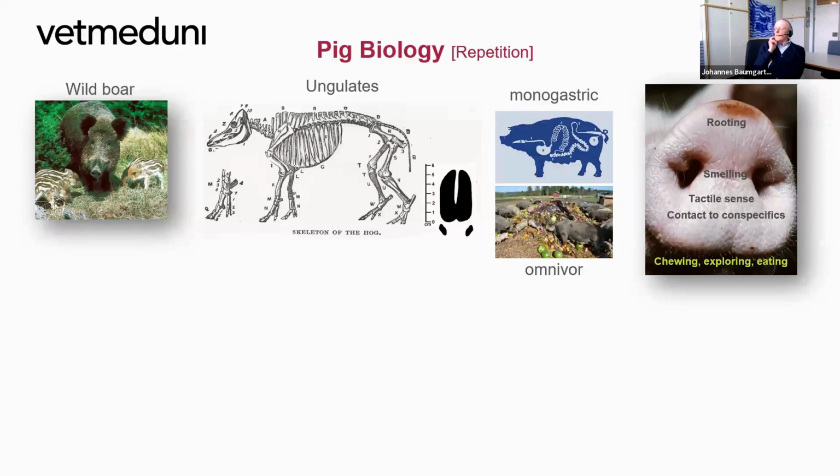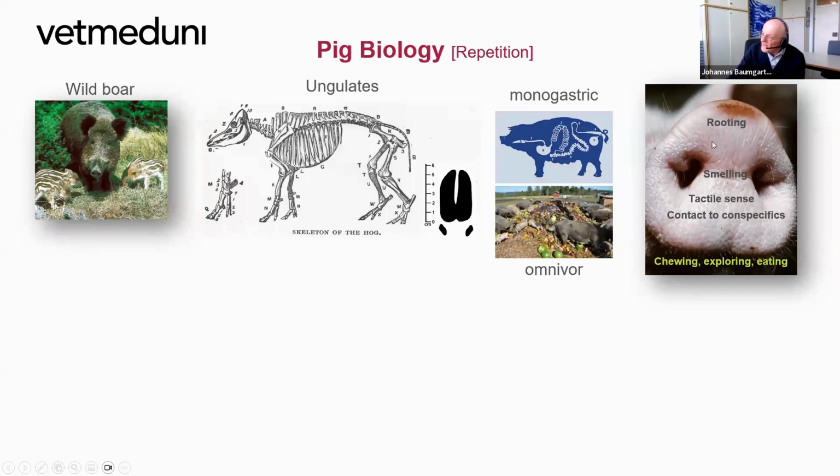As I already mentioned, the snout is a very central organ, and the contact to the environment and to conspecifics. It consists of a very hard part at the top of the snout, which is underlaid with a bone.